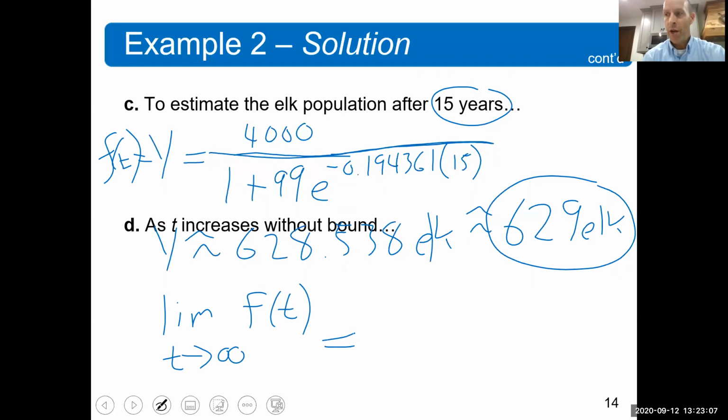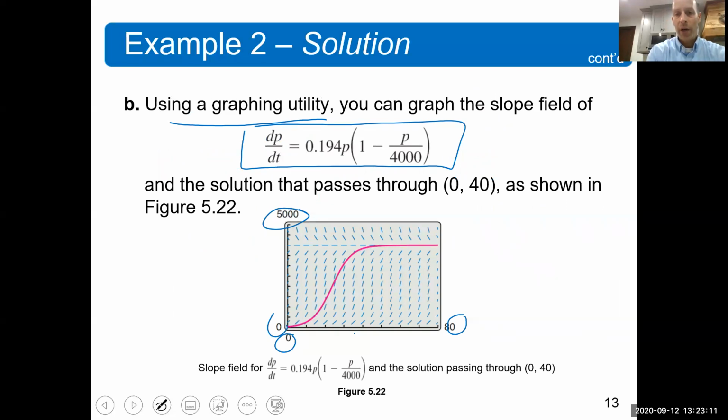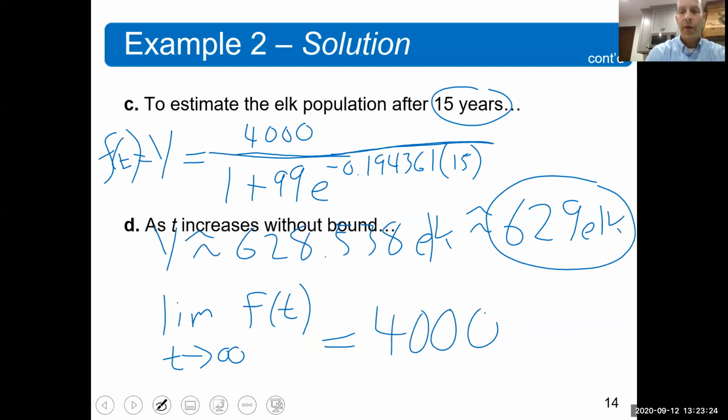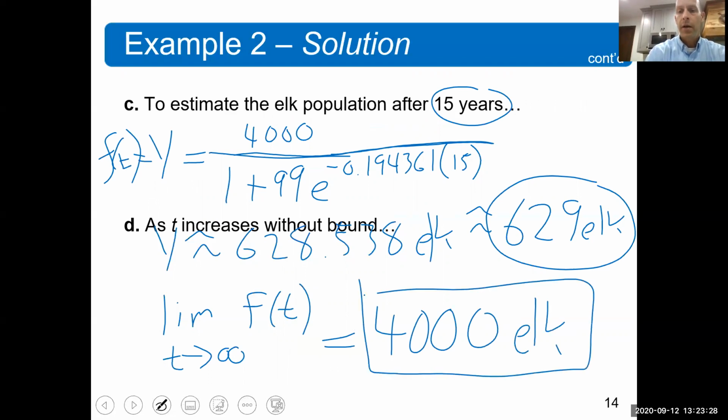Well, we could work this out by hand, or we could just use the fact that we already know what that is going to be. What is this horizontal asymptote in this problem? I think we established that that was 4,000 because that was the carrying capacity. So question D, the answer is 4,000. In other words, in the long run, the number of elk that this can support is 4,000.